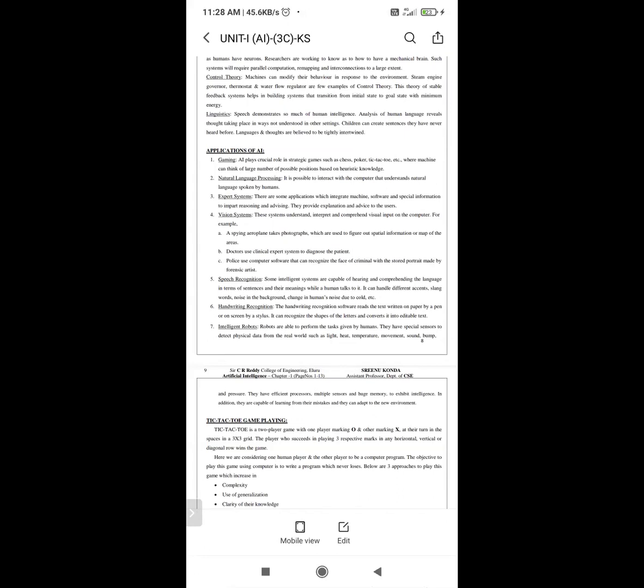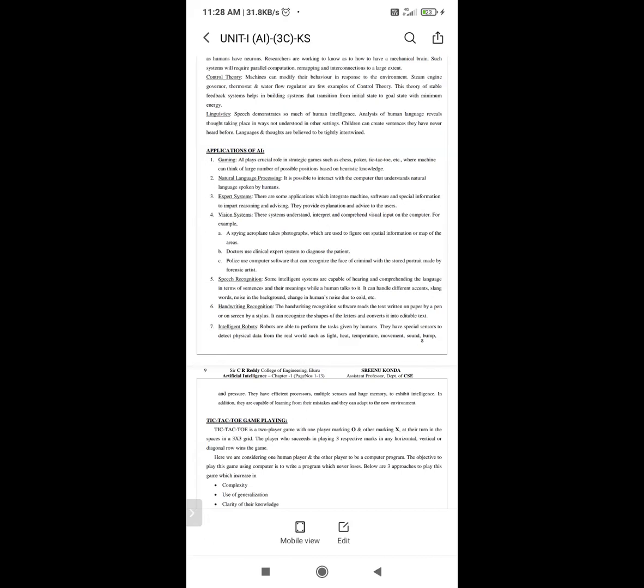That means whenever a particular person talks to the intelligent system, it hears the user or the human being and comprehends the language in terms of sentences and their meanings, and it can handle different accents, different slang words, noise in the background, change in humans' voice due to cold, etc. Okay?